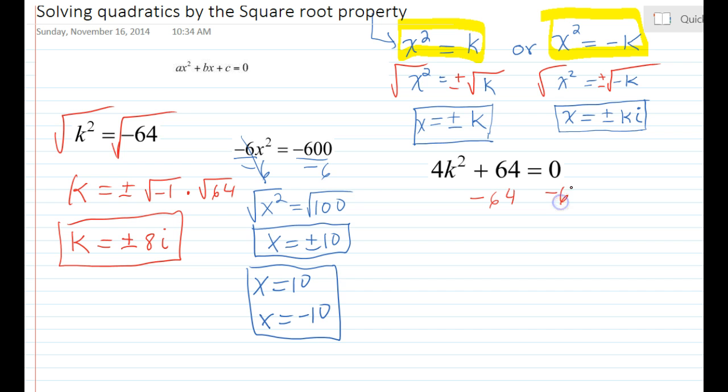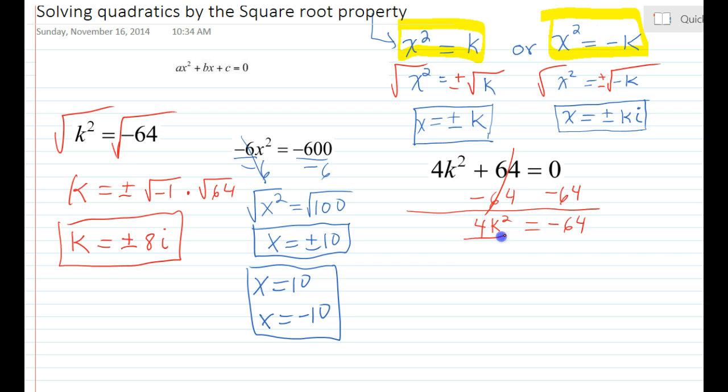Subtract 64 from both sides. Cancel. 0 minus 64 gives me negative 64. Bring down 4k squared. Ok, todavía no se puede sacar la raíz cuadrada porque se tiene que ver así, right?